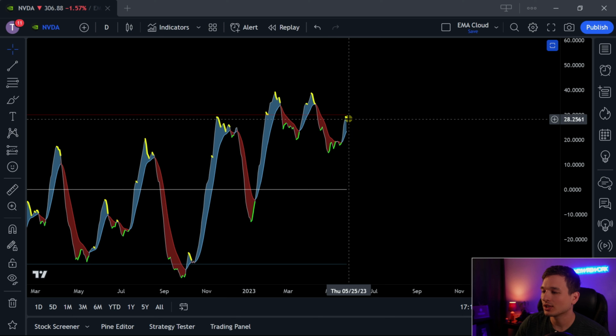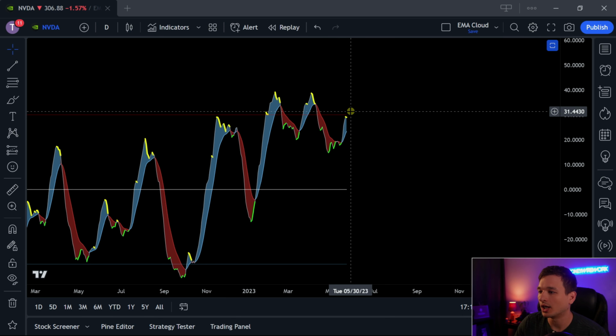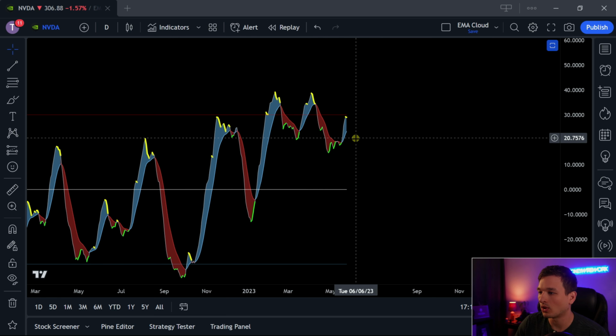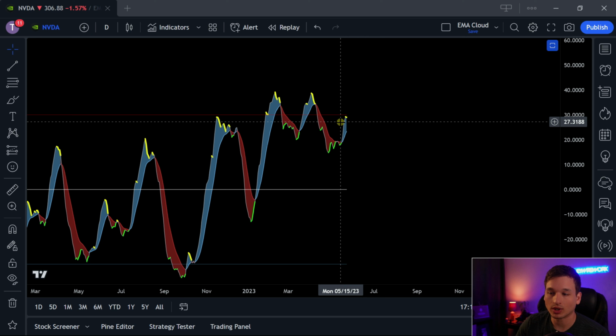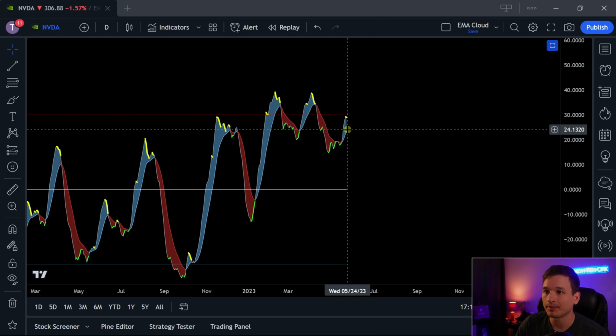And if this continues to go down next couple of days, and this cloud starts to roll down in the TSI to a red cloud, that is a lower high on the TSI, and that's pretty bullish, or excuse me, that's pretty bearish as far as going short. So that'd be a good sign to go short if you're looking there.